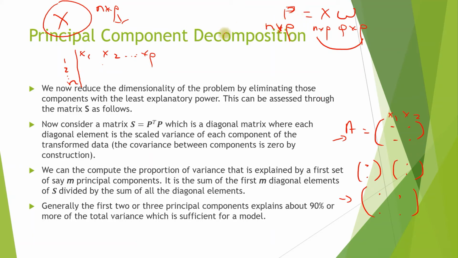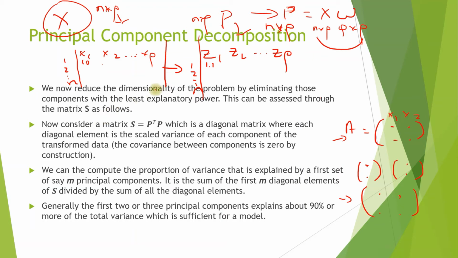So now this same data is transformed into a new set of data z1, z2 up to zp again, starting from 1, 2 up to n, and it is an n by p matrix as well. So instead of having a value, let's suppose 10 here, now you will have a value of maybe 1.1 or 1.2, whatever, but it is a standardized value obviously. That's a little bit the idea behind what we did by finding P.